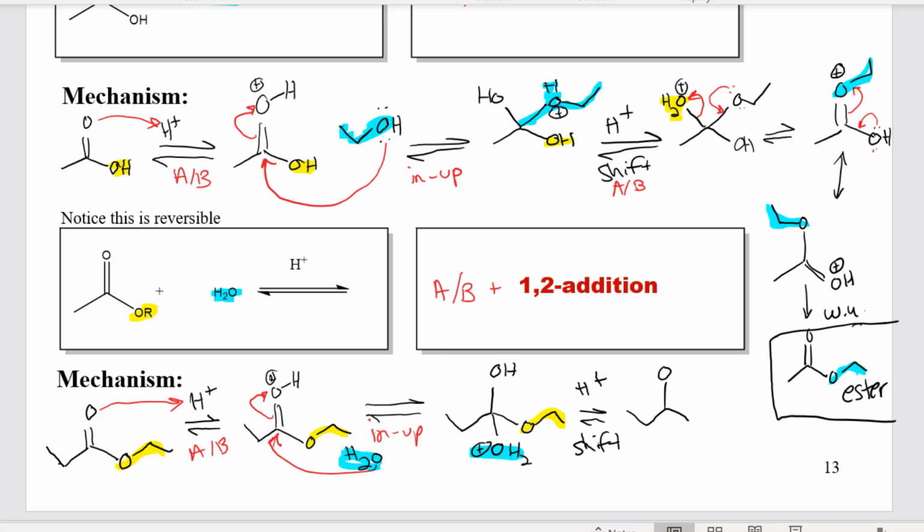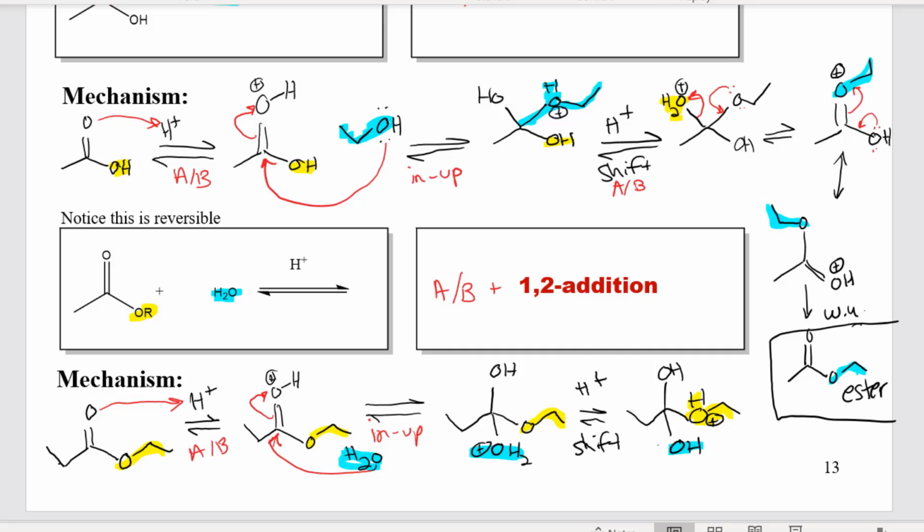This is why the highlighting helps, because it helps you to realize where you're shifting your protons to. I'm shifting it from the blue to the yellow so that I can drive off what's in yellow. That's the group I'm driving off. The group I'm keeping on is the blue.